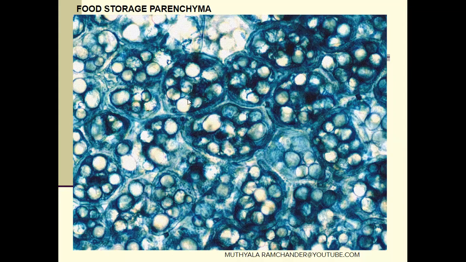Reserved food materials are stored in the plant parts. These types of parenchyma tissues are present in the fruit flesh, and some storage parenchymatous tissues are present in the modified root system and modified shoot system also. So this parenchyma contains only stored food material, and is called food storage parenchyma.